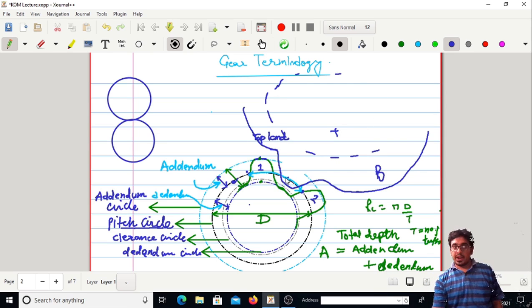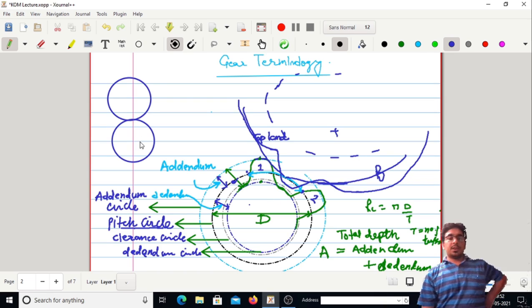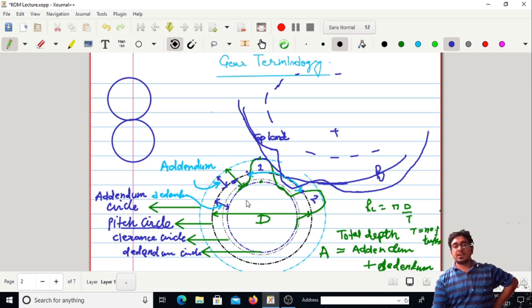So at this distance, this is the pitch circle of gear B and this is the pitch circle of gear A. So I have drawn them here. Now as these gears rotate, for example this is rotating in this direction, then this gear will rotate in this direction.